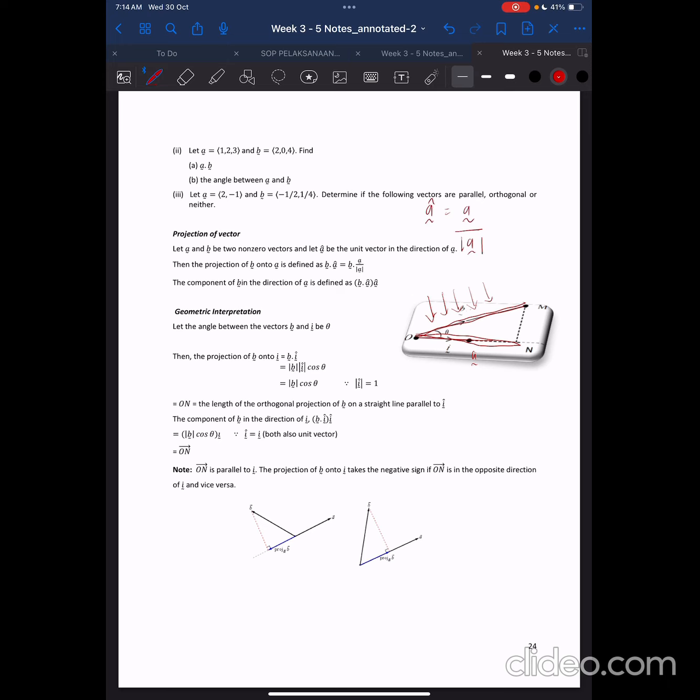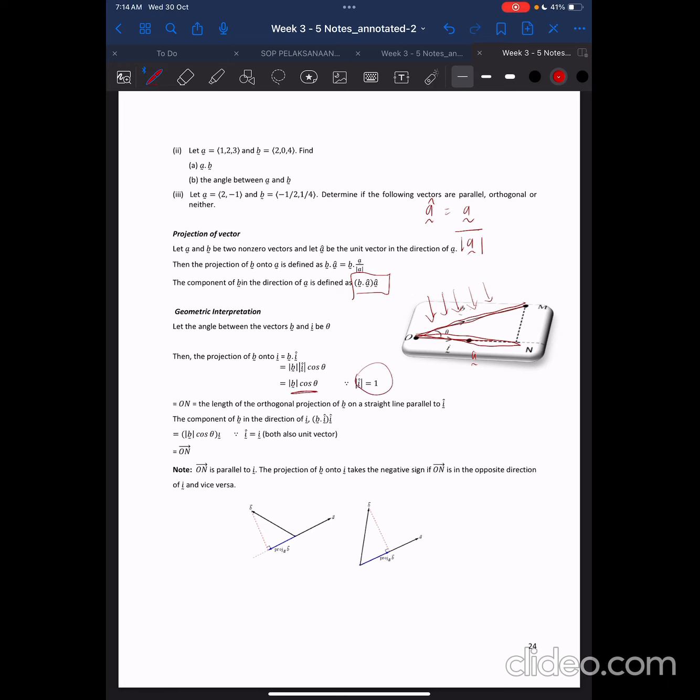Okay, so the component of B in the direction of A is defined by B dot A in the direction of A. Okay, so the geometric interpretation: the angle between vector B and A, theta here, is actually B dot A, that is B cos theta, and the magnitude of the unit vector is 1, so we are left with B cos theta.